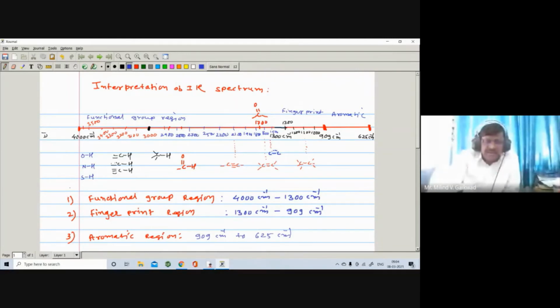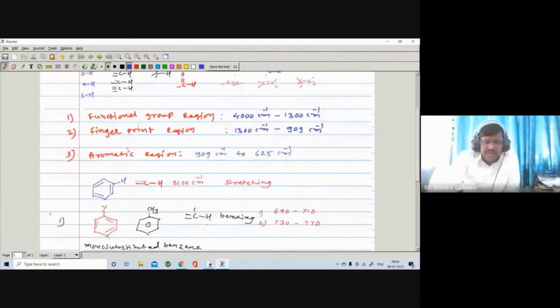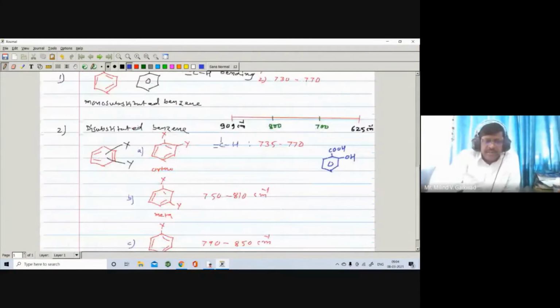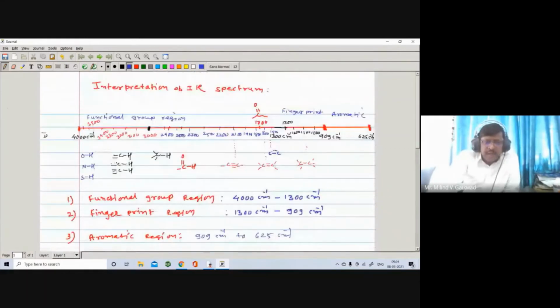For example, if there is the presence of nitrogen or oxygen, OH means here is a phenol, OH stretching, right? If there is oxygen and you have a band above 3000, you may say it is due to the OH stretching. In this way, we have to find out.